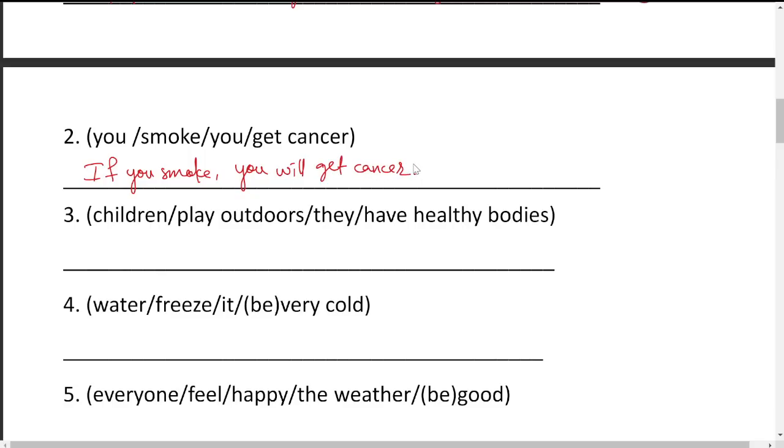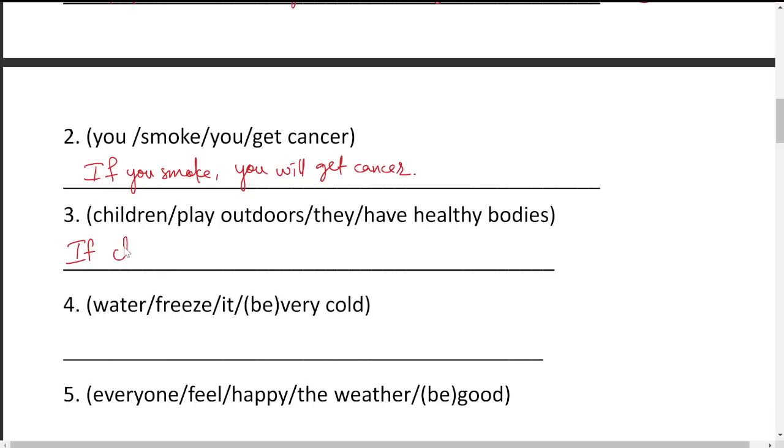If you don't smoke, you will not get cancer. That means the sentence is subject to change, the result is subject to change. So here we can use the sentence in a different way. Next one: children play outdoors, they have healthy bodies. Now let us start with if here.